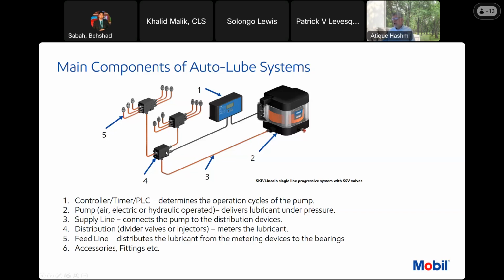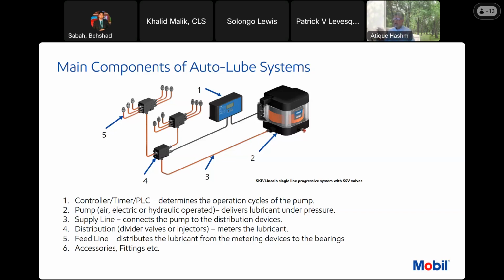So you can install a cycle indicator pin on one of the outlets, and then when the system is running, the cycle indicator pin will move back and forth, back and forth. So that's an indicator, and that can also be monitored through some advanced monitoring systems as well, because it can send signal that system is working. So that cycle indicator pin will tell you that system is working. Once the cycle indicator pin stops moving back and forth, this means the whole system is blocked.